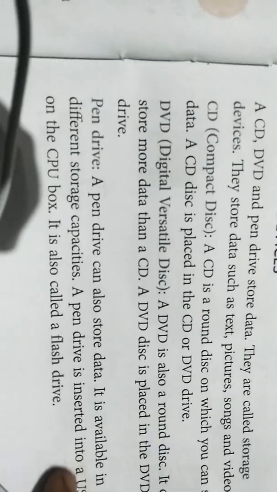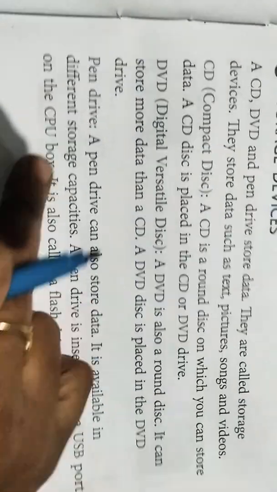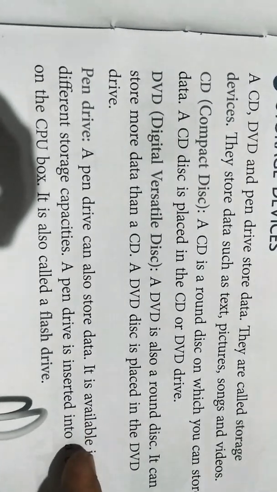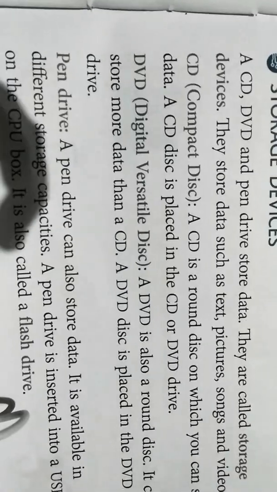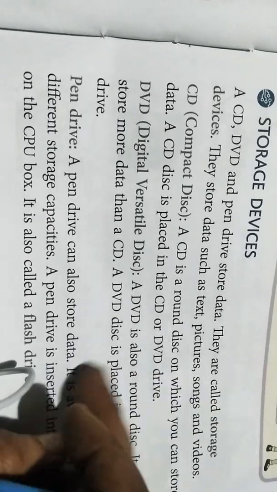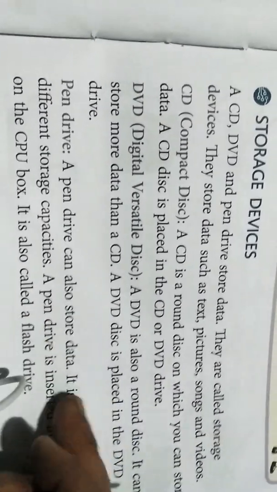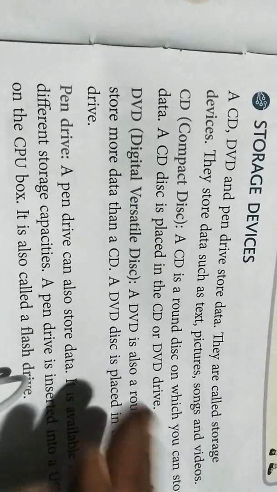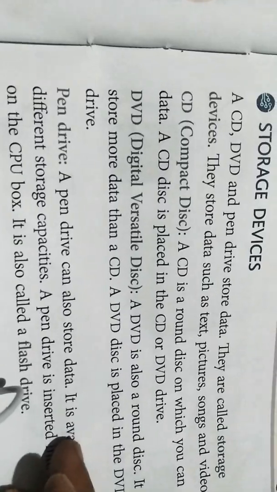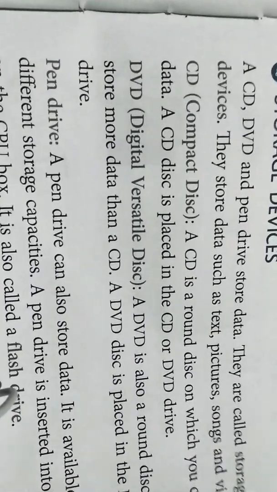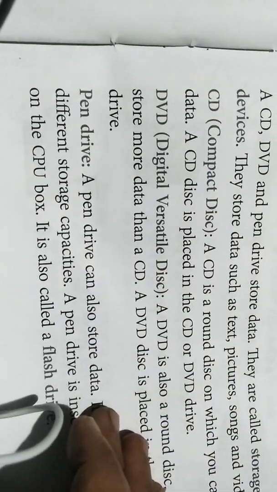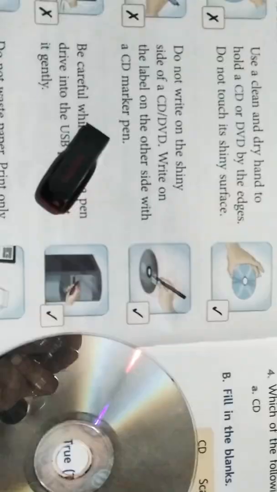A pen drive is inserted into the USB port on the CPU box and it is also called the flash drive. हम लोग पेन ड्राइव को फ्लैश ड्राइव भी बोलते हैं और ये अलग अलग स्टोरेज में आता है. जैसे कि CD में फिक्स है, DVD में उससे ज़्यादा होता है, लेकिन पेन ड्राइव में आप 2 GB, 4 GB, या 16 GB भी, 32 GB भी डाटा स्टोर कर सकते हैं. और GB है यूनिट ऑफ डाटा.